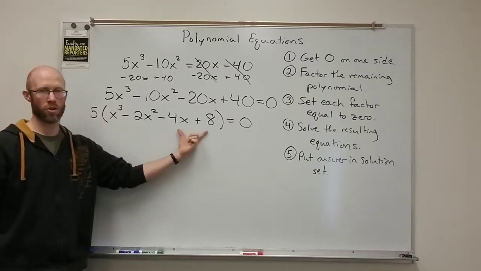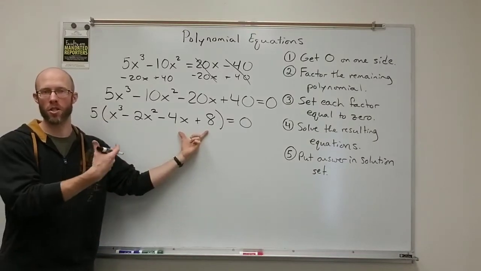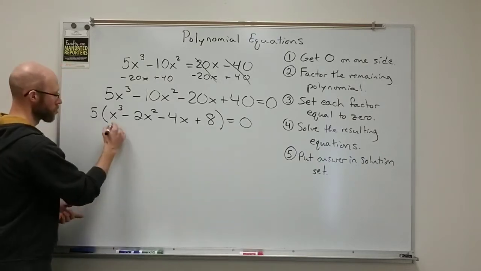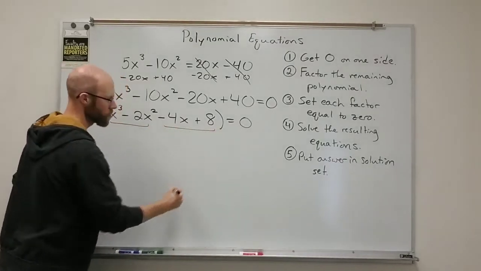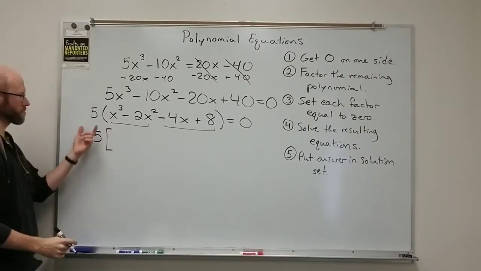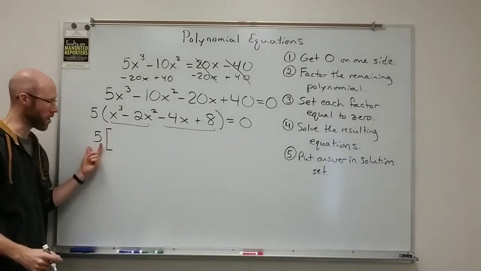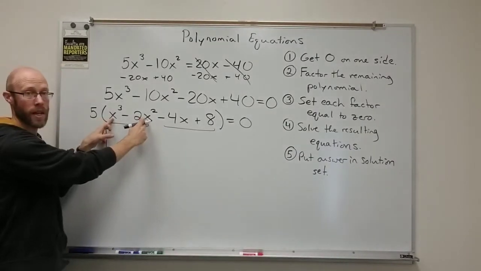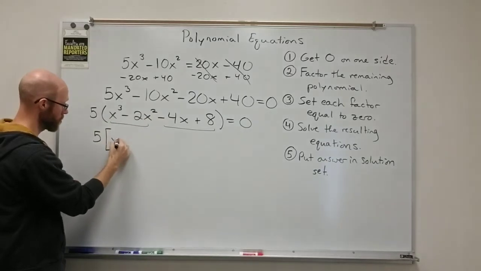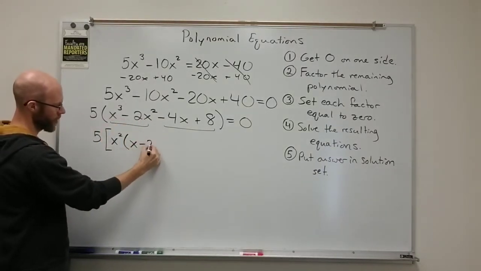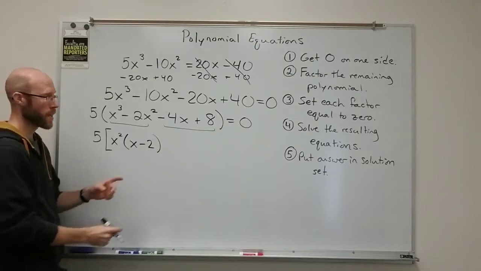Now I've got 4 terms, and remember, the only way other than a GCF to deal with 4 terms is using the grouping method. So we're going to group the first 2 terms and the last 2 terms together. I'm going to use a set of brackets so I can keep my 5 involved as I work this out. I'm going to pull out an x squared from the first 2 terms. Now I'll have an x minus 2 left over.